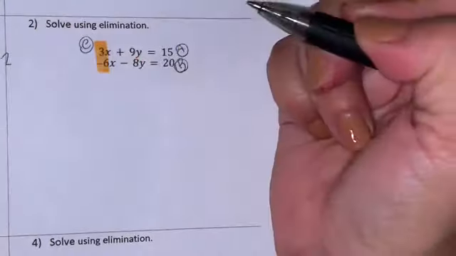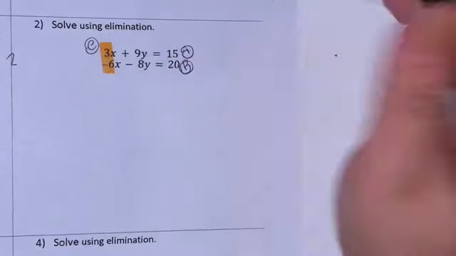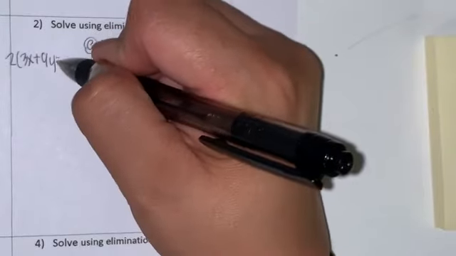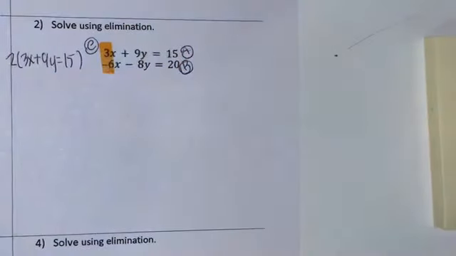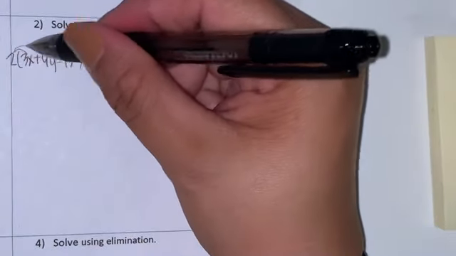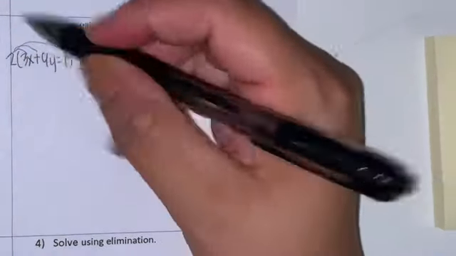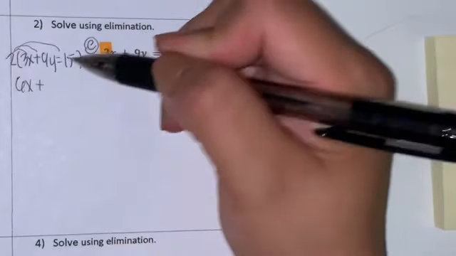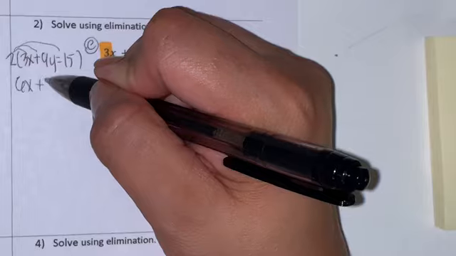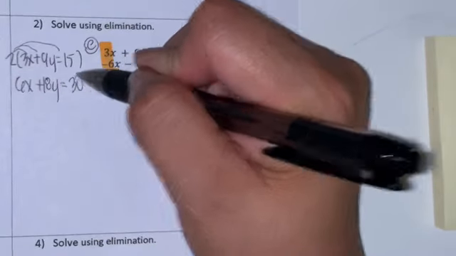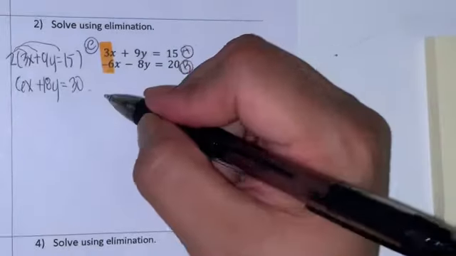So 2 times 3x plus 9y equals 15. You're going to distribute the 2 into each term to get your new equation of C. So I have 6x plus 18y equals 30. So that's my new equation.